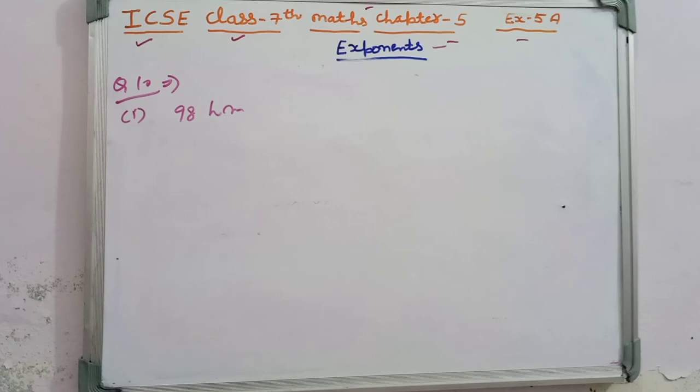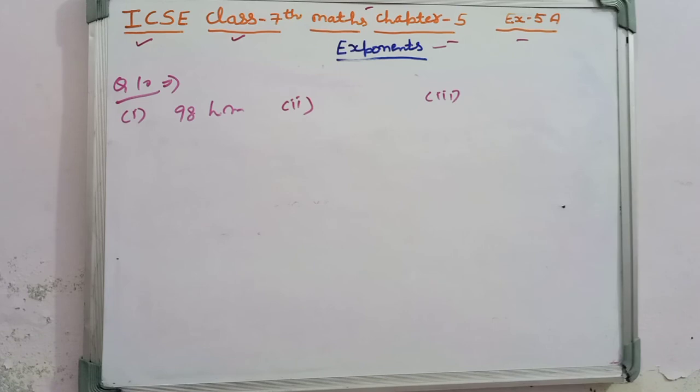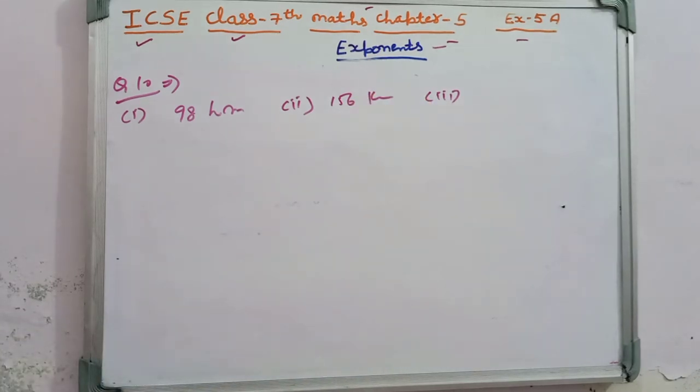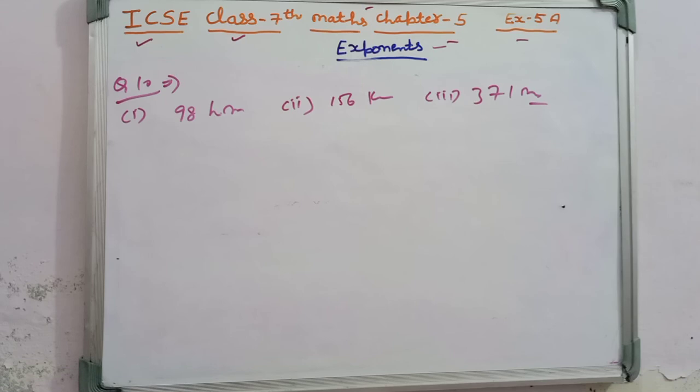There are 3 parts. The second part is 156 kilometer, and the third is 371 meter. If we can do it in just one table.